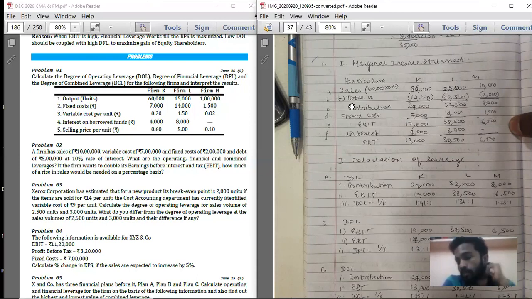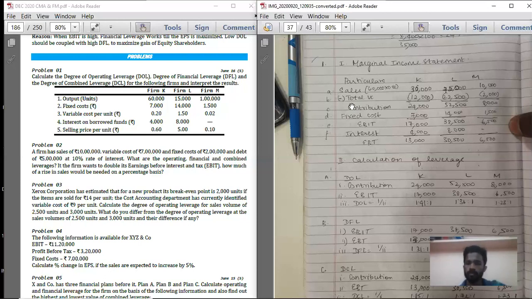Below that small c, contribution, within bracket A minus B. And what is for K? Selling price per unit is 0.6 minus variable cost per unit 0.2. So contribution for K is 0.4.